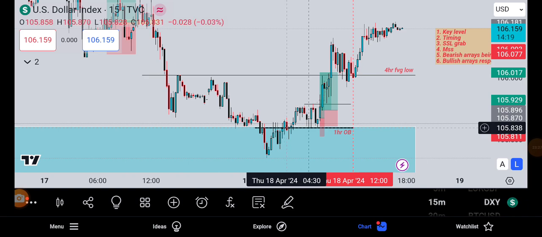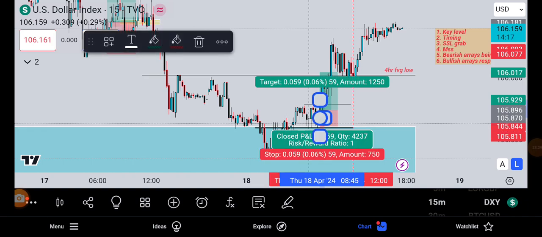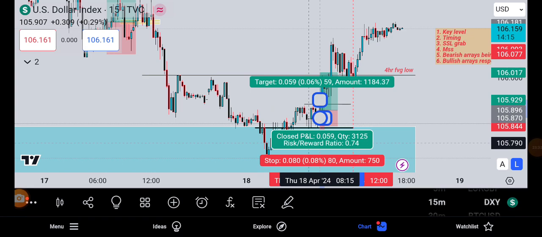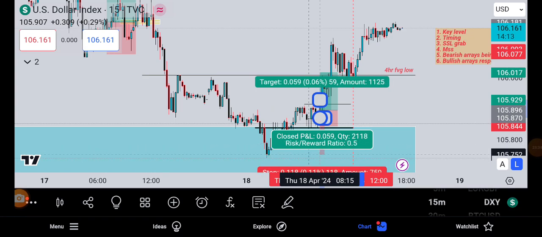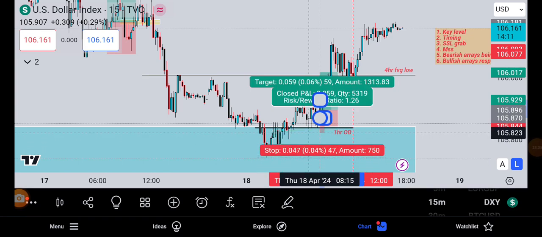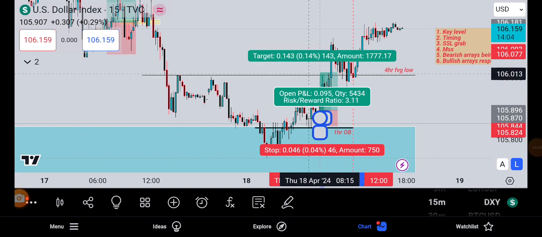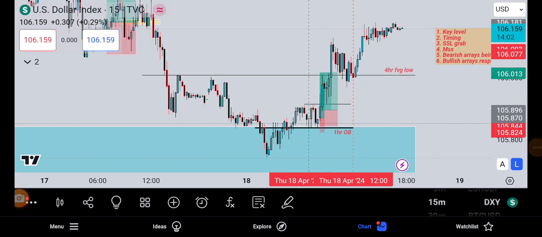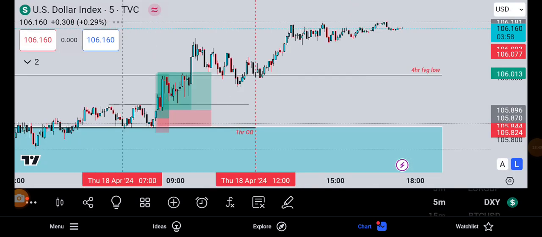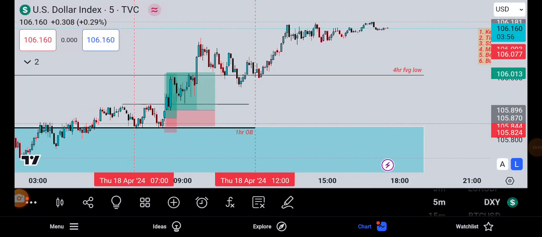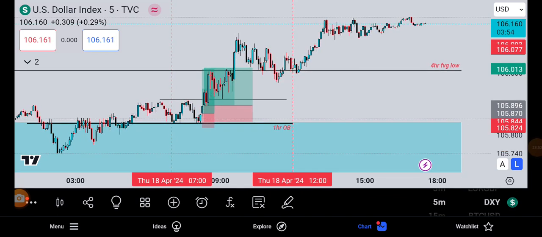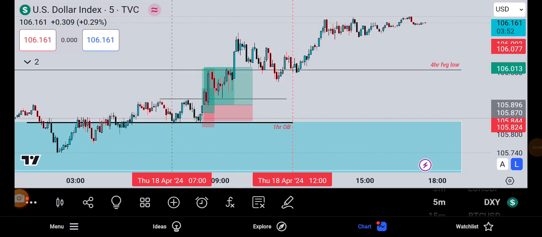So we have this order block, so this trade, around there, with the TP being this level. So it could have been a 3 to 1, but I wanted to be more cautious. I want to see a clear play before any rush.